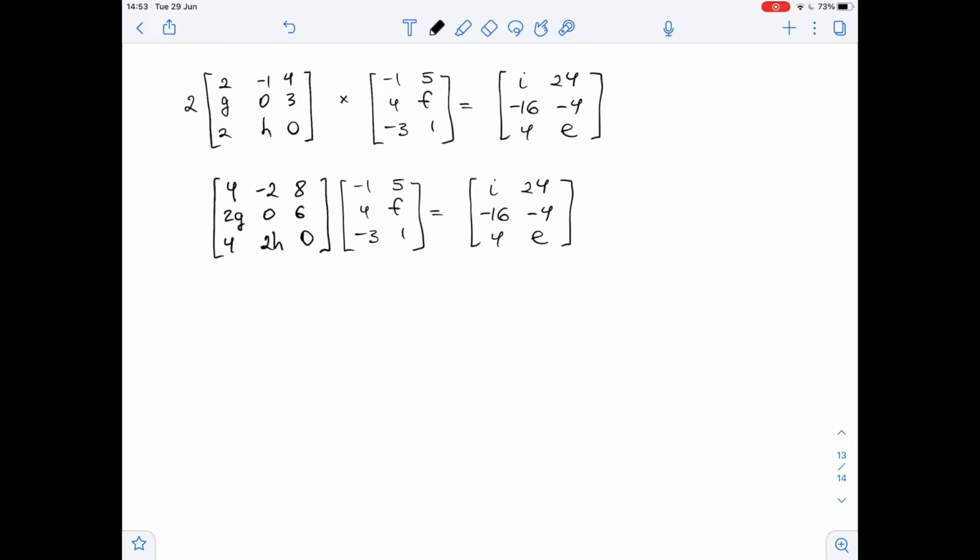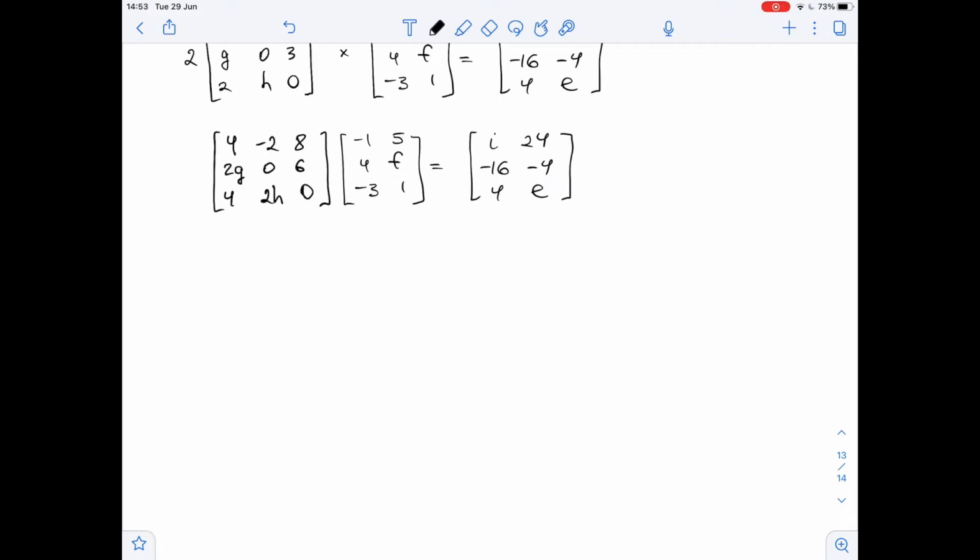When we multiply two matrices, we find dot products of the rows of the first matrix and columns of the second matrix. So we will get 4 times -1, which is -4, plus -2 times 4, plus 8 times -3. Next, 4 times 5, plus -2 times f, plus 8 times 1.